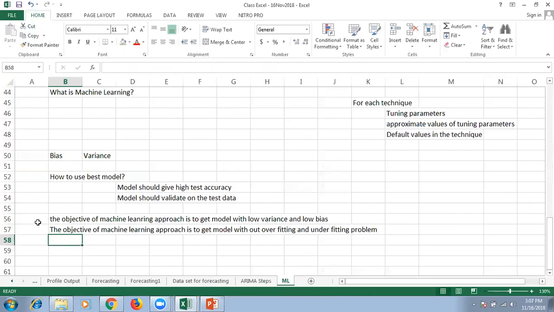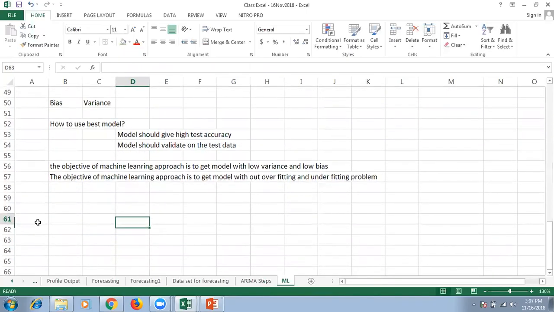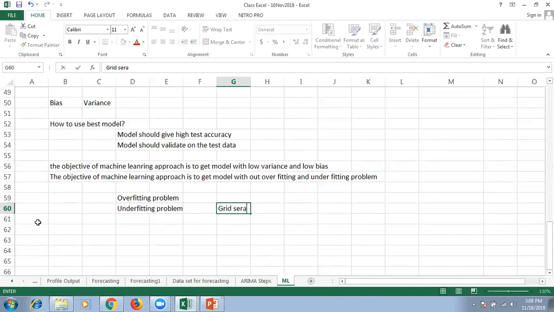Are you able to follow me? So a model should not have an overfitting problem, and a model should not have an underfitting problem. Now, how can we overcome the overfitting problem and the underfitting problem? The underfitting problem we can overcome by taking the grid search, because end of the day, what I want is for the model to get a high accuracy.